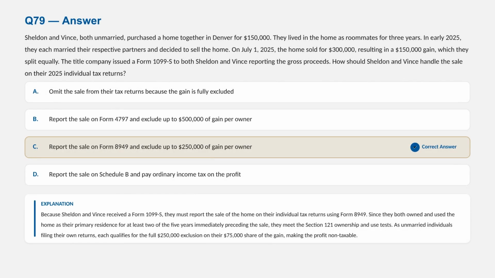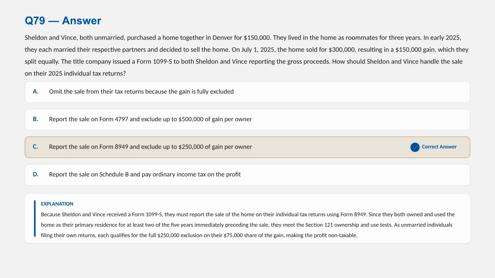The correct answer is C. Report the sale on Form 809049 and exclude up to $250,000 of gain per owner. Because Sheldon and Vince received a Form 1099-S, they must report the sale of the home on their individual tax returns using Form 809049.